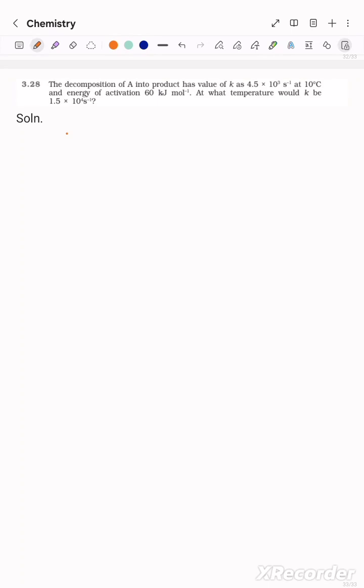With the equation log K2 by K1 is equal to Ea by 2.303 R into 1 upon T1 minus 1 upon T2.